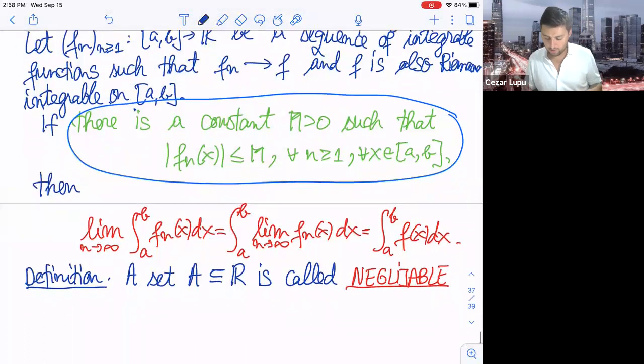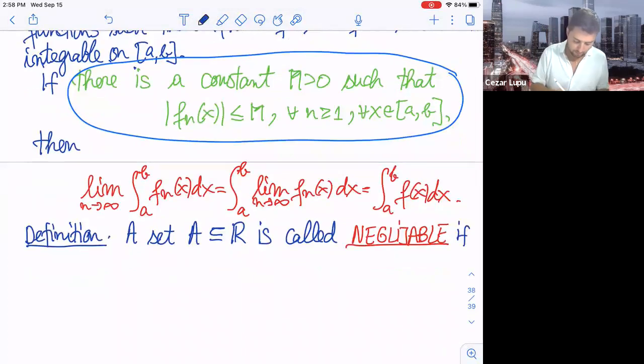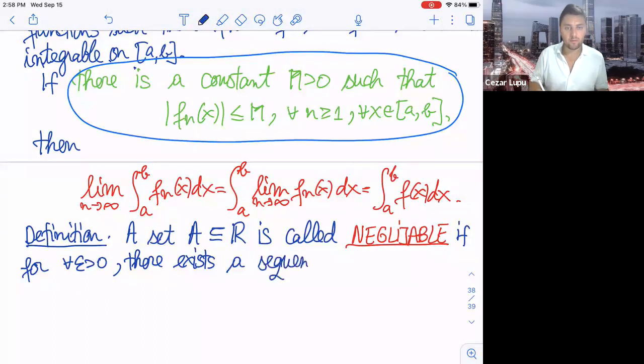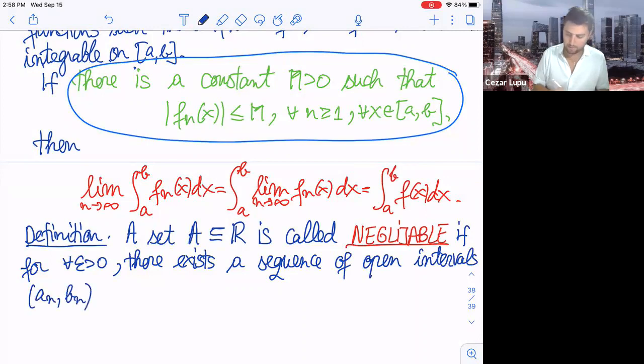if for any epsilon positive, there exists a sequence of open intervals, let's call them (a_n, b_n), such that we have this condition, right?